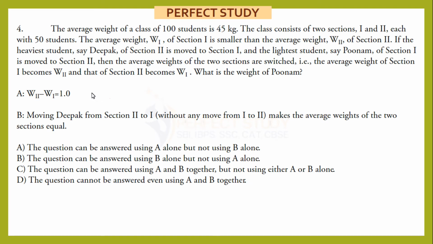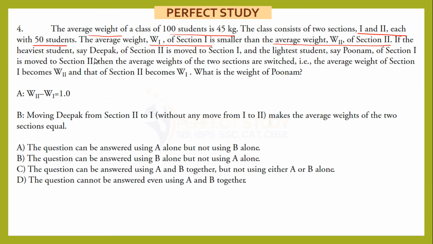Okay. Number 4. The average weight of a class of 100 students is 45 kg. The class consists of 2 sections, 1 and 2, each with 50 students. The average weight W1 of section 1 is smaller than the average weight W2 of section 2.